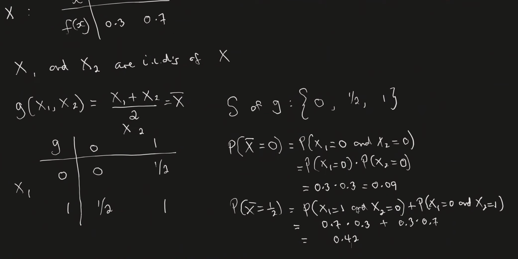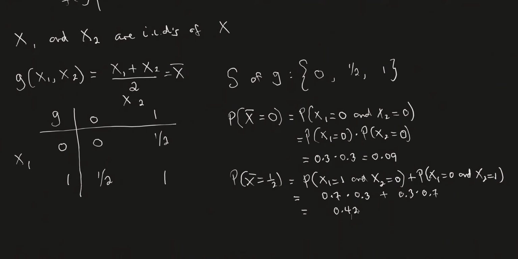0.49. So the last possibility here is that our mean is equal to 1. That will only happen when both our random variables are equal to 1. So the probability that x1 is equal to 1 and x2 is equal to 1. And again, because of independence, we can multiply.